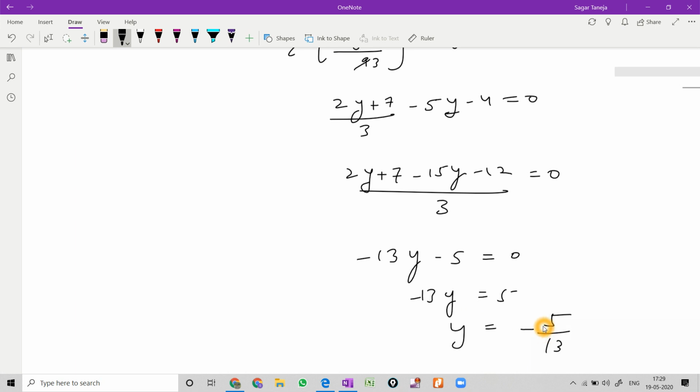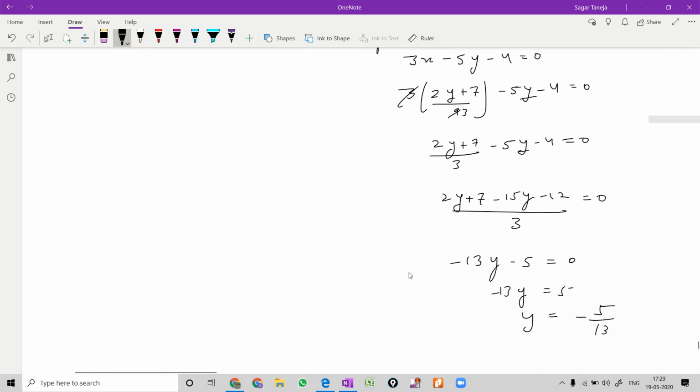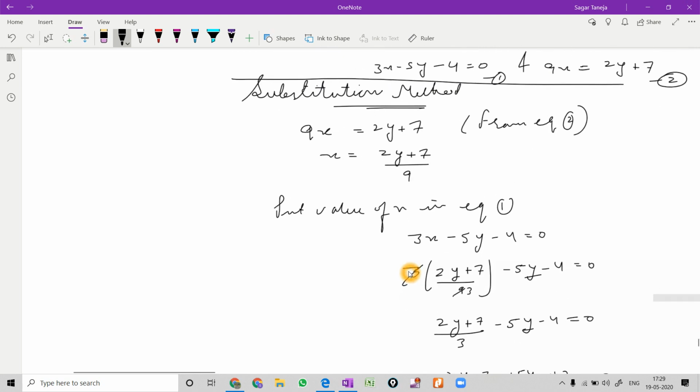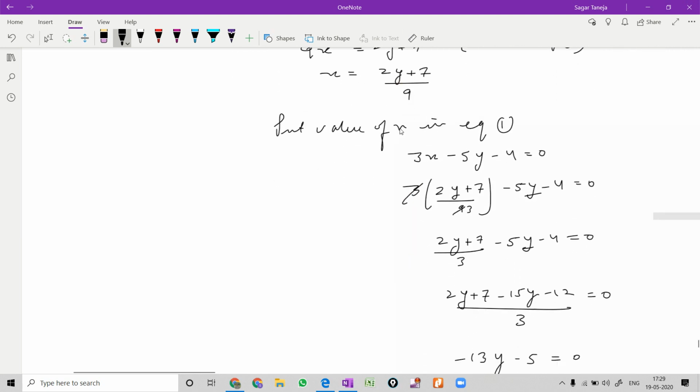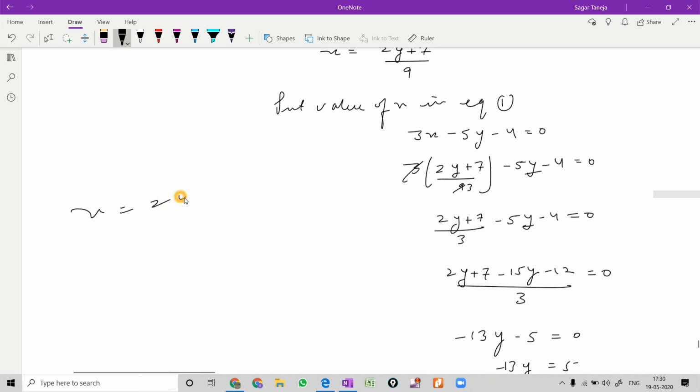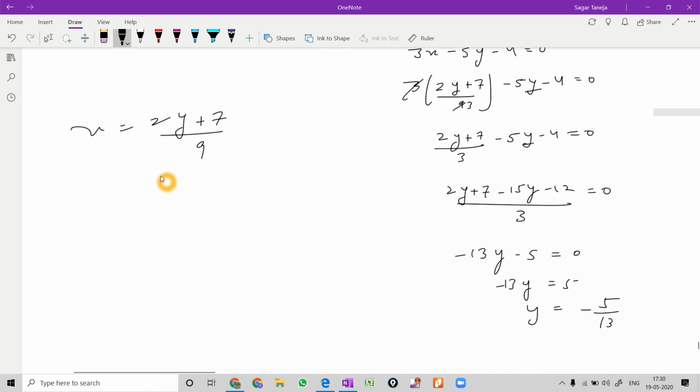So I hope this is clear. The value of y is minus 5 by 13. We can take out the value of x in this way. So x is (2y plus 7) by 9. Put the value of y in this: 2 multiplied by minus 5 by 13, plus 7, upon 9.